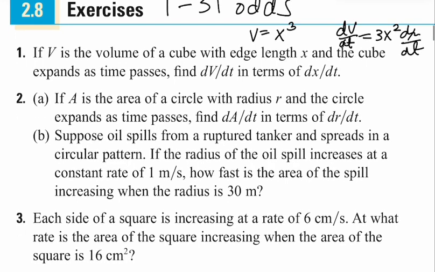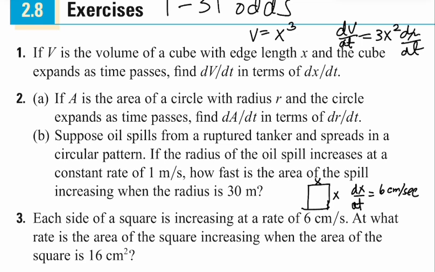Number three says each side of a square is increasing at a rate of 6 centimeters per second. So I'm going to draw a square. If I call the sides x, I know that dx/dt is increasing, so it's a positive 6 centimeters per second.